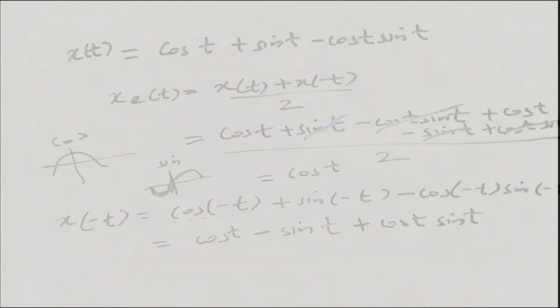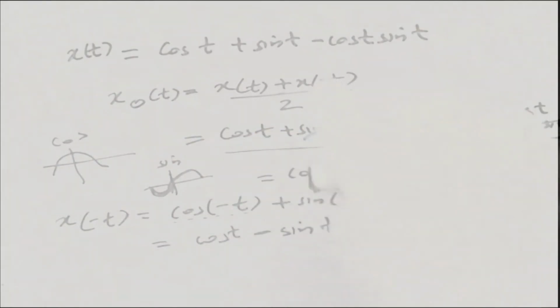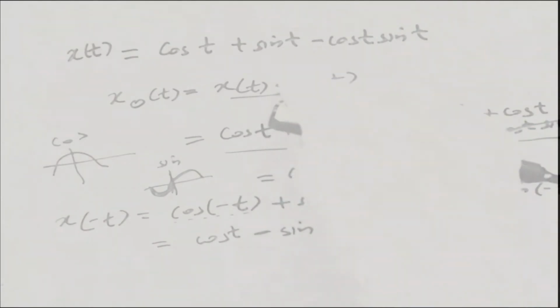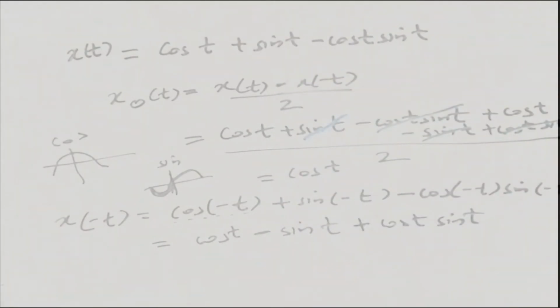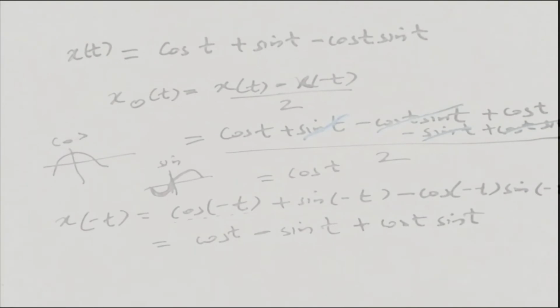Likewise, we can find the odd component. So the odd component will be x of t minus x of minus t divided by 2.